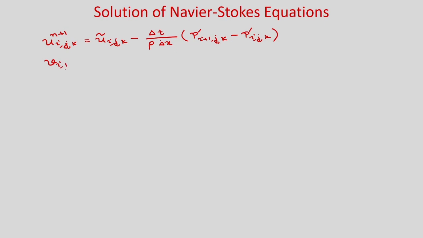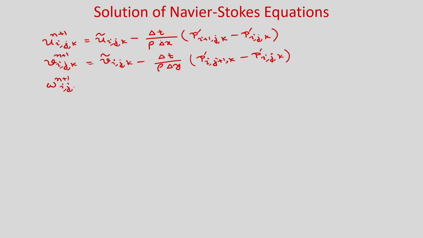Then v i j k at n plus 1, you can find as v tilde i j k minus delta t by rho delta y, p prime i j plus 1 k minus p prime i j k, and w n plus 1 i j k is equal to w tilde i j k minus delta t by rho delta z, p prime i j k plus 1 minus p prime i j k.